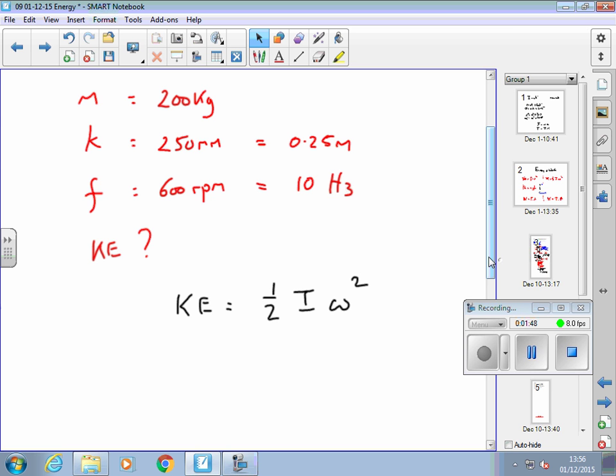We're not given I or omega, so we need further formulae. So what formula am I going to use for I? Okay, good. I equals mk squared. I'm given m and I'm given k, so I can find I. What about omega?